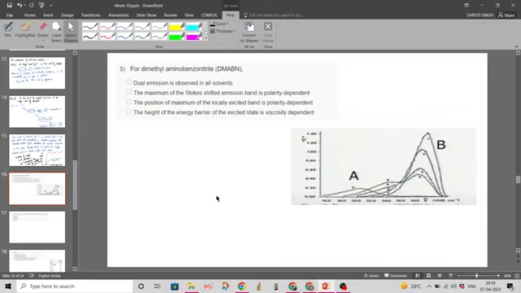So here I have given the picture of the emission, which has been taken in different solvents. So I don't think it is visible.